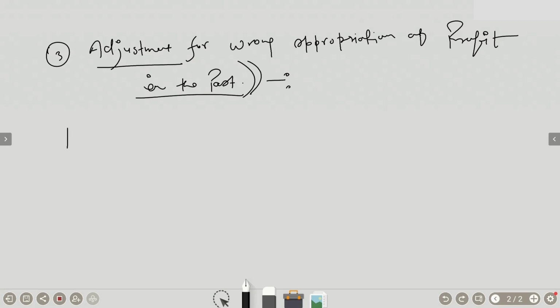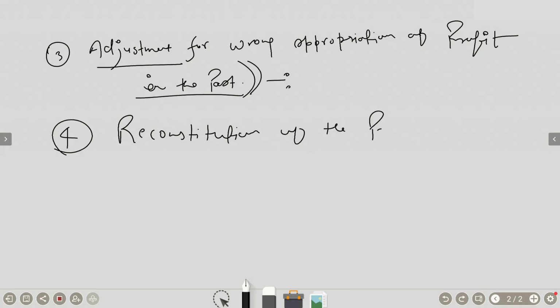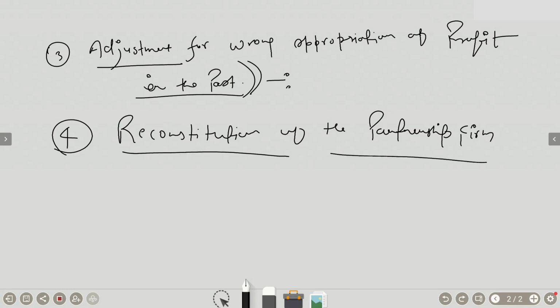Number 4, reconstitution of the partnership firm. Now look, this is one of the vital, important subheadings of this concept.